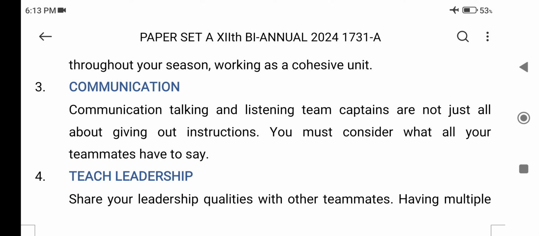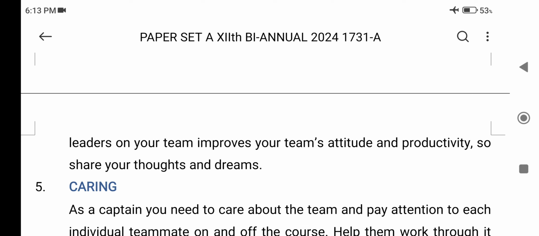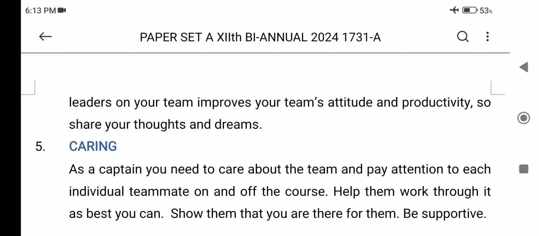You must consider what all your teammates have to say. Number 4. Teach leadership. Share your leadership qualities with other teammates. Having multiple leaders on your team improves your team's attitude and productivity. So share your thoughts and dreams.